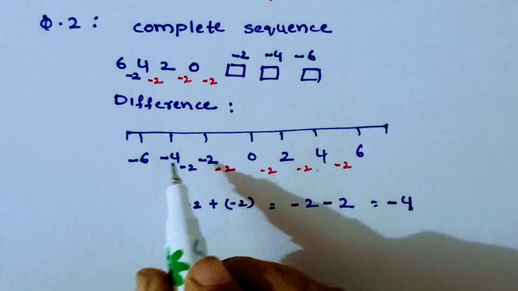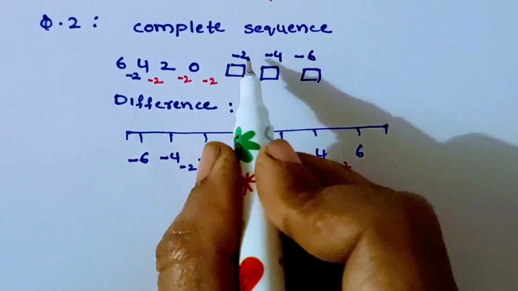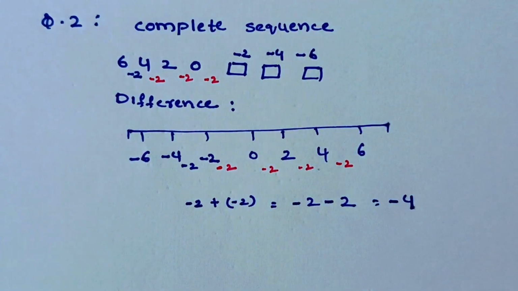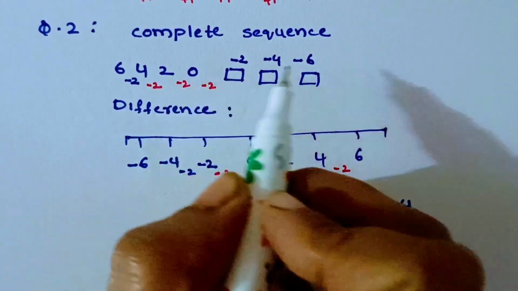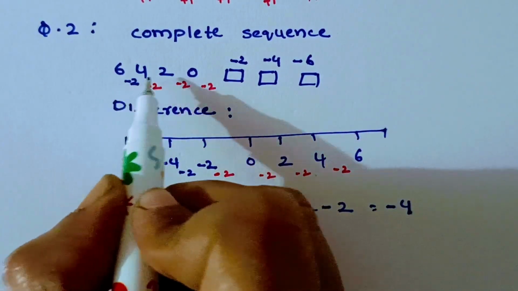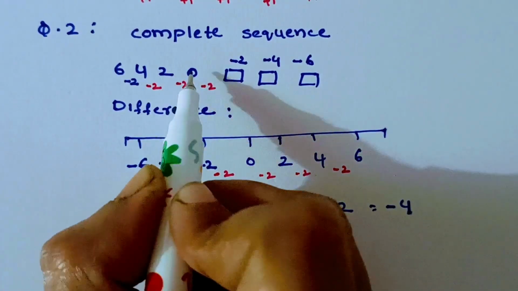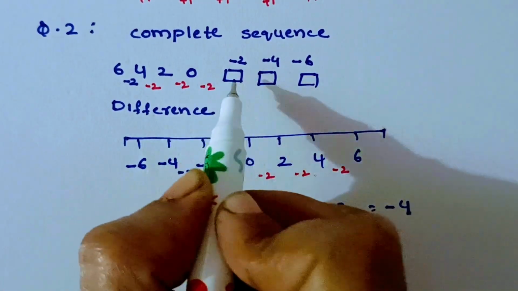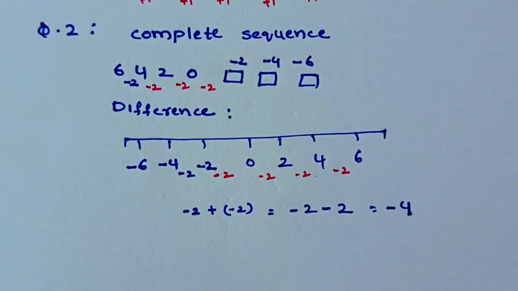So the sequence is 6, 4, 2, 0, minus 2, minus 4, minus 6. Here we subtract 2 every time. 6 minus 2 is 4. 4 minus 2 is 2. 2 minus 2 is 0. 0 minus 2 is minus 2. Minus 2 minus 2 is minus 4. Minus 4 minus 2 is minus 6.